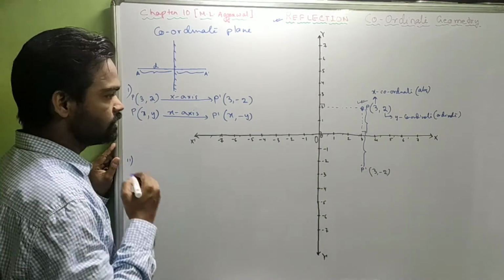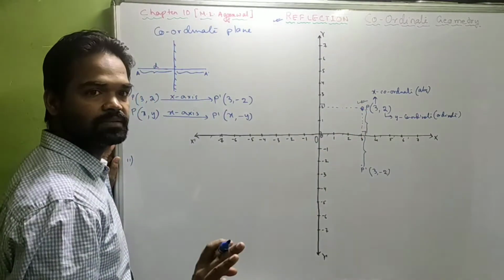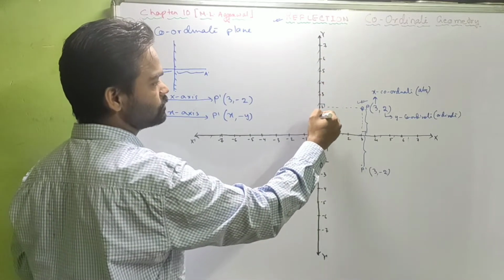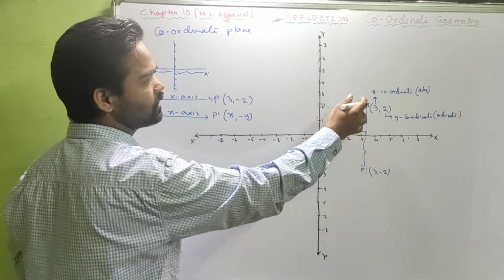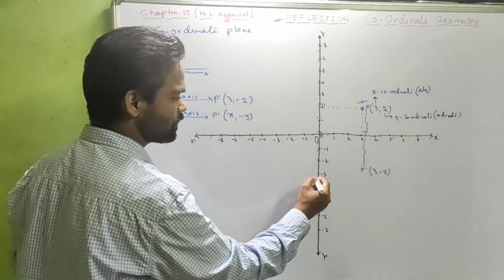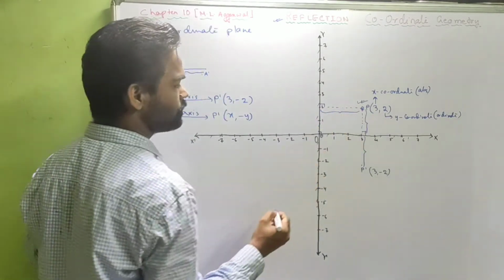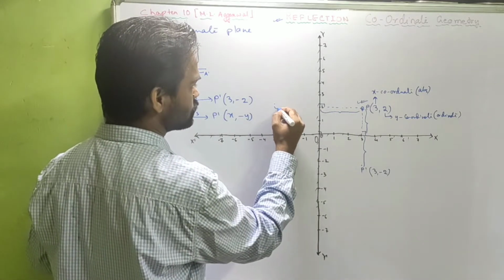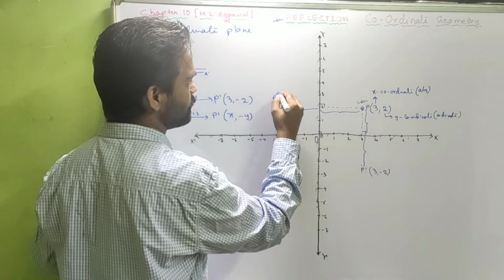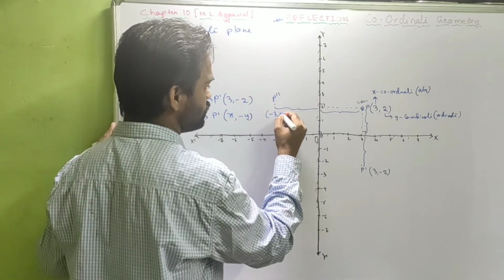Now, suppose we reflect the point P in the y-axis. Suppose your y-axis is your mirror. For the sake of convenience, we have taken the point P in the first quadrant. You can take point P anywhere. Now see, this is 3 units, so over here 3 units. Here this will be, suppose, P double dash, which is (-3, 2).